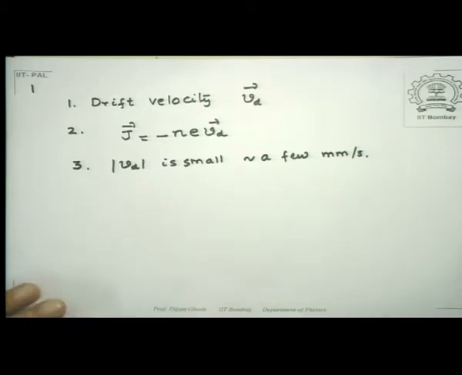Then we did a comparison of the drift velocity's magnitude with other speeds which are characteristic of the conductor. For example, we have already said that the random speed, the thermal speed of electrons, is of the order of 10 to the power 6 meter per second, which is of course several orders of magnitude higher.